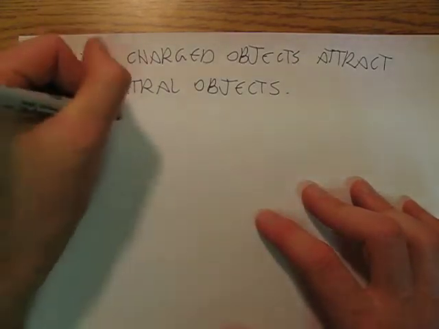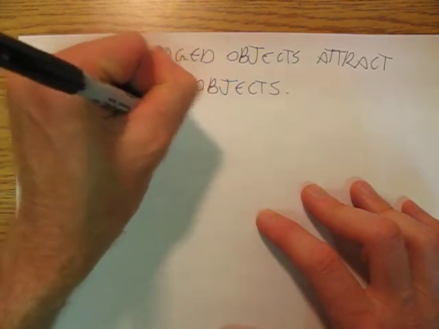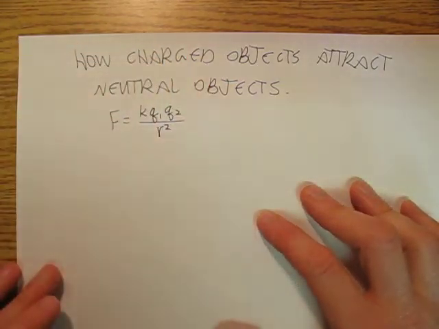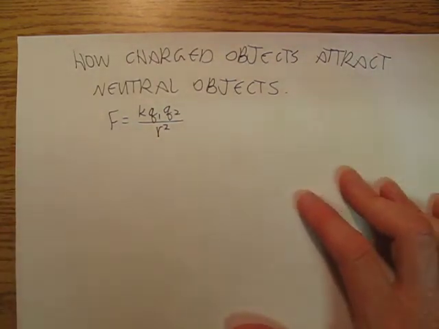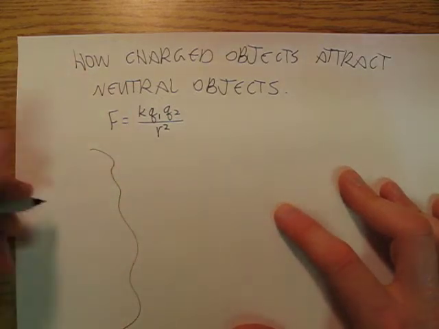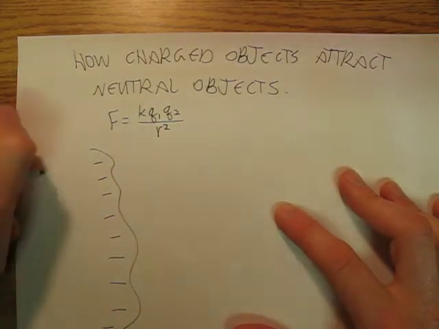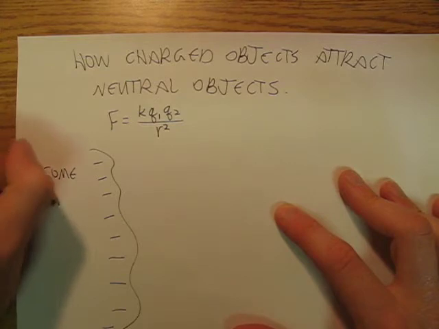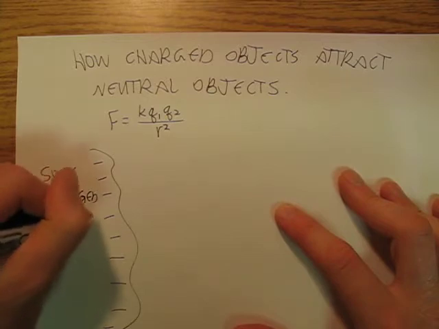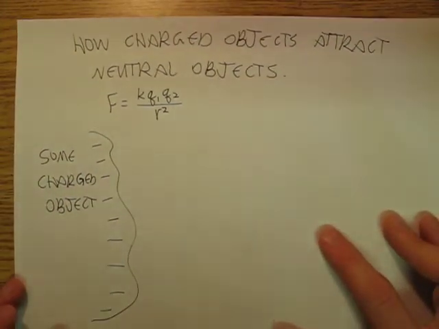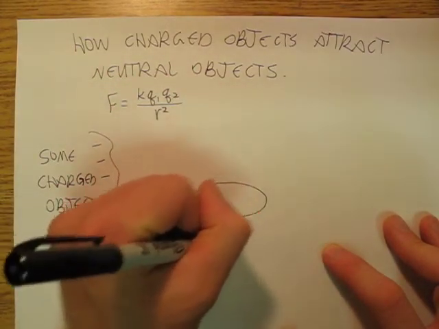Okay, well, remember we have this F equals K Q1 Q2 over R squared. Okay, so basically what you're going to have is, suppose I have some charged object. Now, what I'm going to do is I'm going to put here some neutral object.